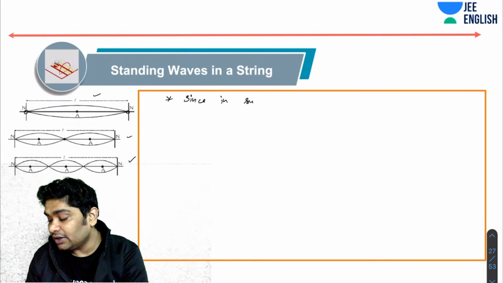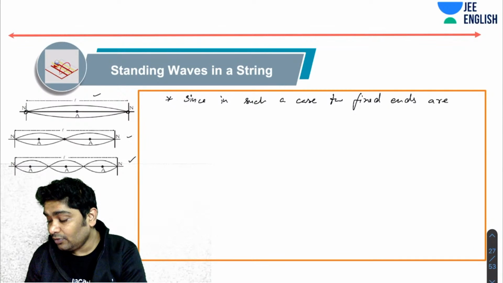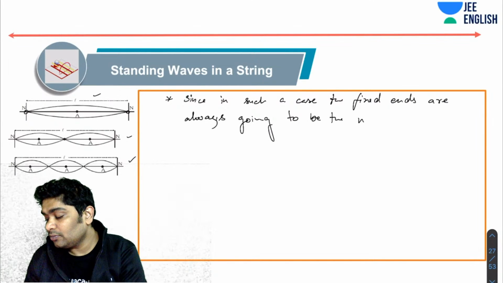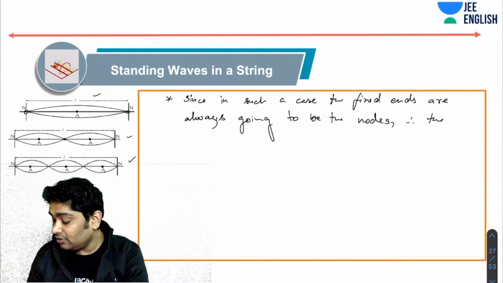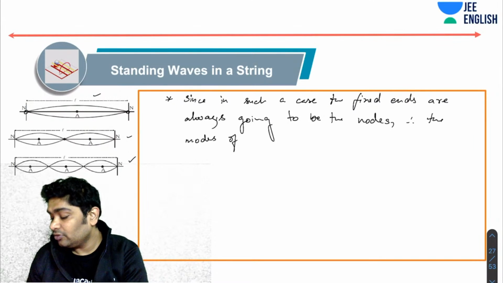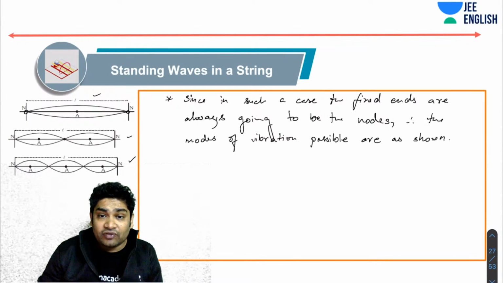Since in such a case, fixed ends are always going to be the nodes, therefore the modes of vibration possible are as shown. So these are the modes of vibrations that are possible.